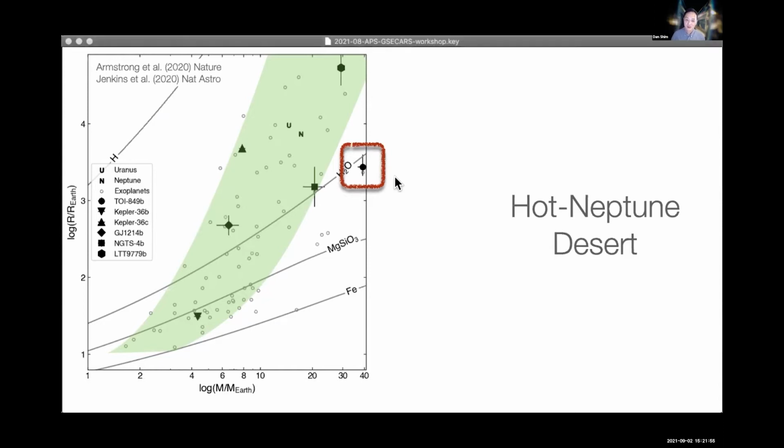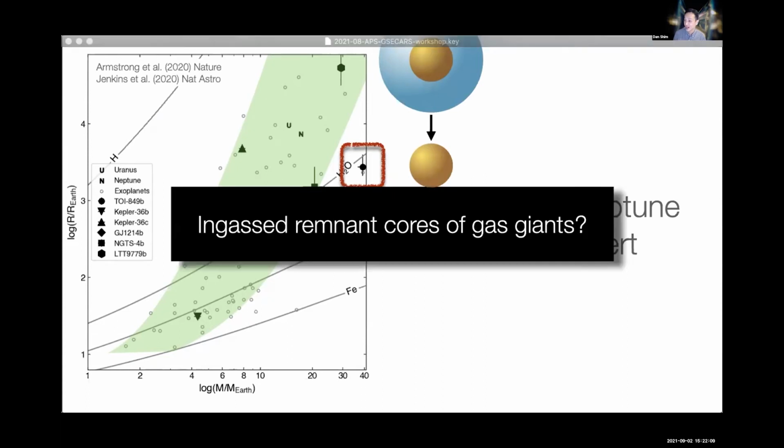Yet you see a very bizarre planet lying outside of the trend, with extremely high density and massive mass. Now this has been interpreted as a former gas giant that lost a large portion of its atmosphere through some process. It's called a remnant core of the gas giant.